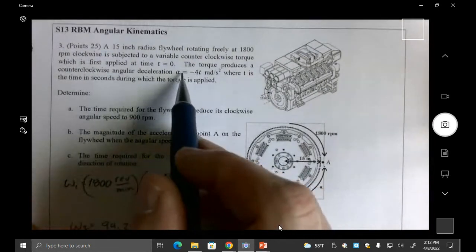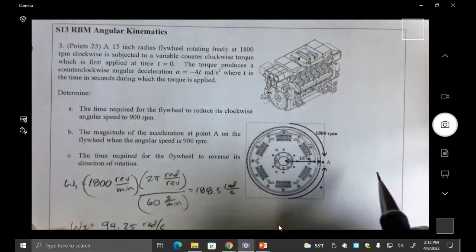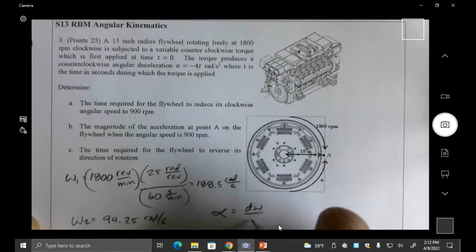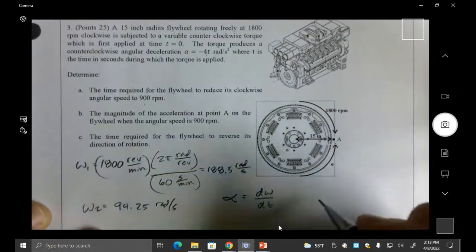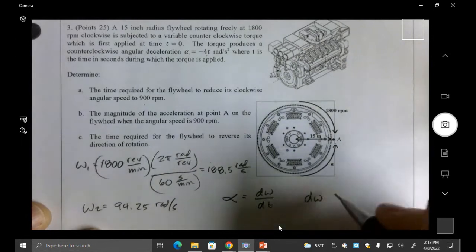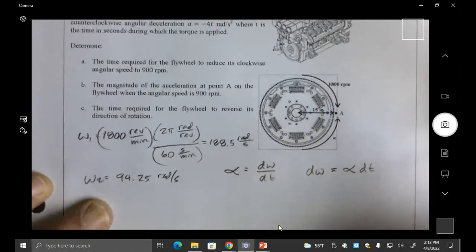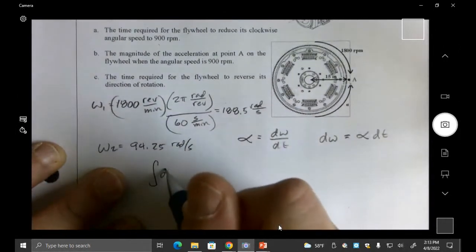We're given the acceleration as a function of time. So that leads us down the path of alpha equals d omega by dt. Therefore, d omega is equal to alpha dt. So we can integrate that.